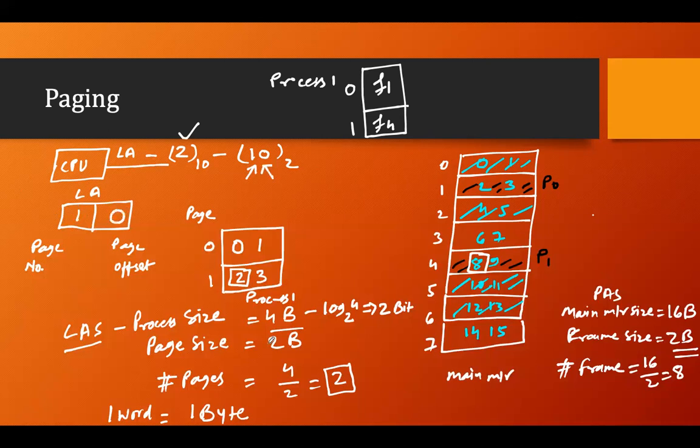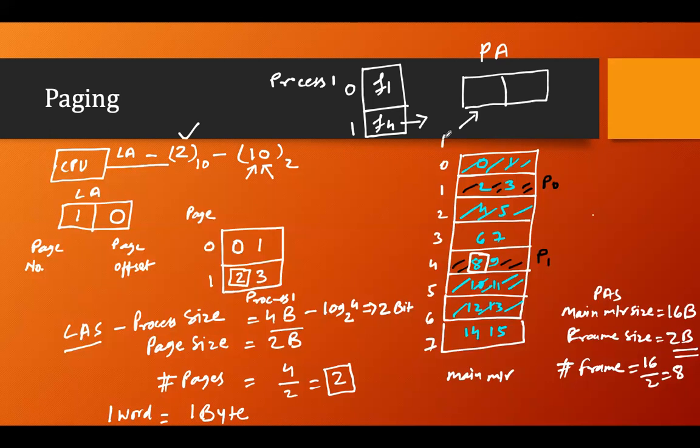Getting it? Now, the logical address says that the page number required by the CPU is the first page number. Now, where is the first page number? You can find it in frame number 4. Frame number 4 represents the frame, which denotes the physical address. To represent the physical address, here also we have 2 parts.